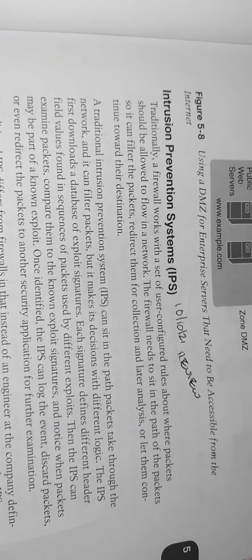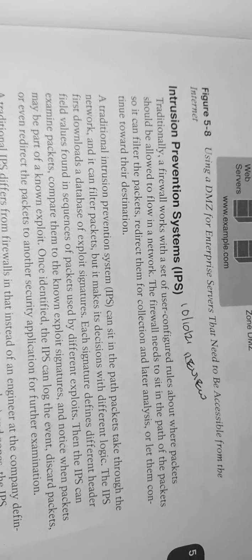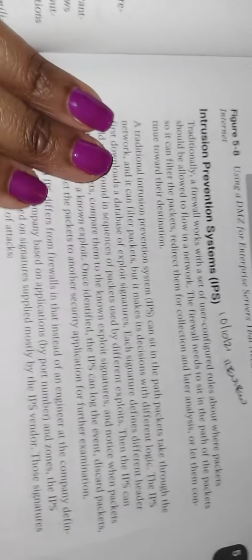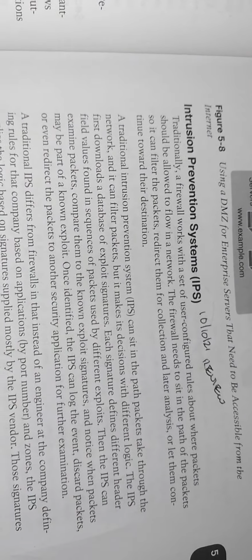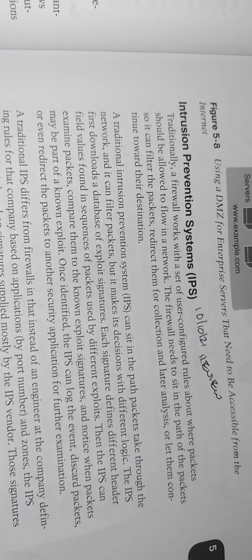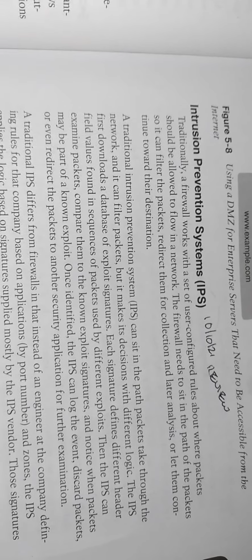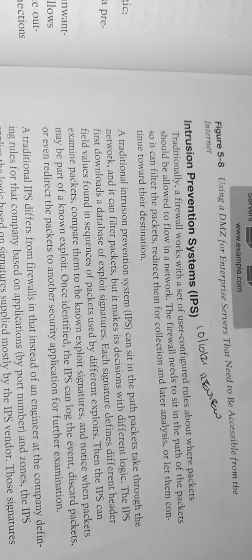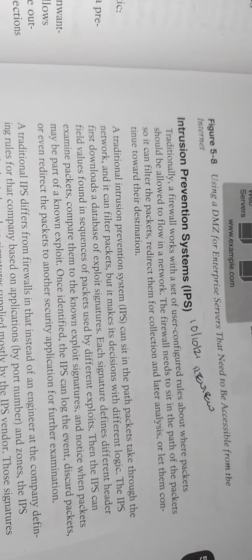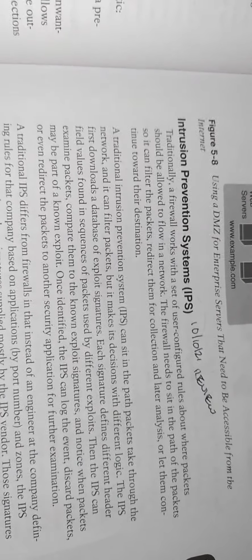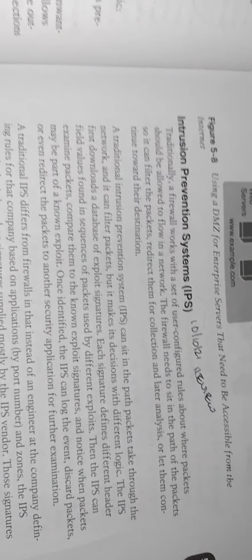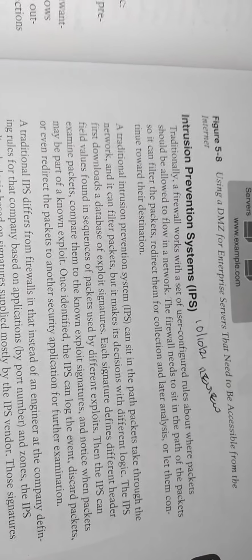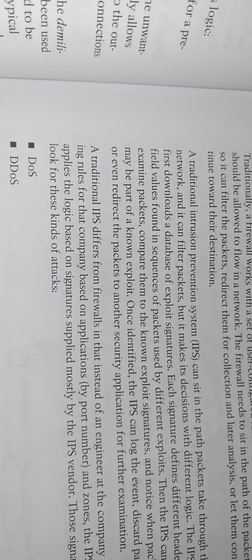Then the IPS can examine packets, compare them to the known exploit signatures, and notice when packets may be part of a known exploit. Once identified, the IPS can log the event, discard packets, or even redirect the packets to another security application for further examination.